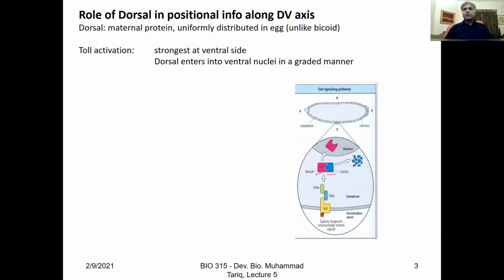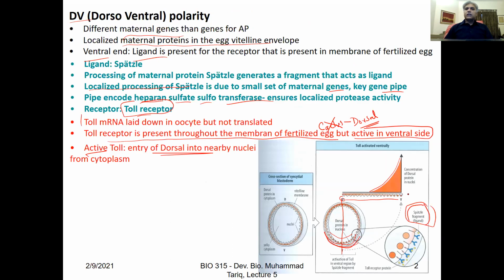As soon as you have Spätzle bound to the toll receptor, through pelle and tube, signal transduction takes place, which leads to degradation of cactus and movement of dorsal into the nucleus. Okay, which is all this thing which we just talked about.